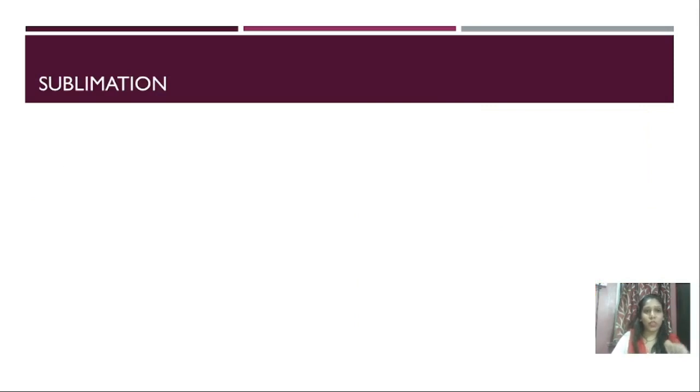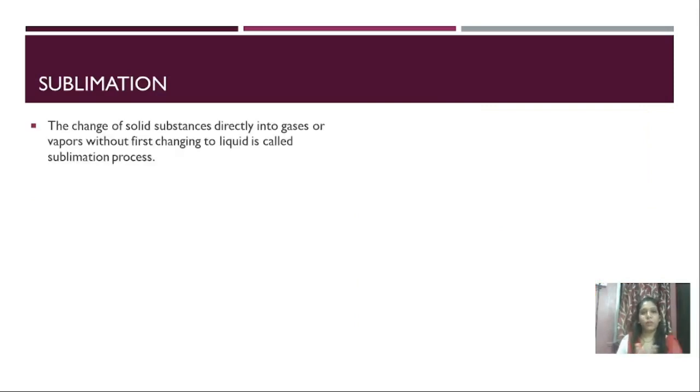Now, our last topic is sublimation. Now, what is sublimation? The change of solid substances directly into gases or vapors without first changing to liquid is called sublimation. From the starting we learned that a solid, when it is heated, changes to liquid, and when the liquid is heated more then it changes to gases.